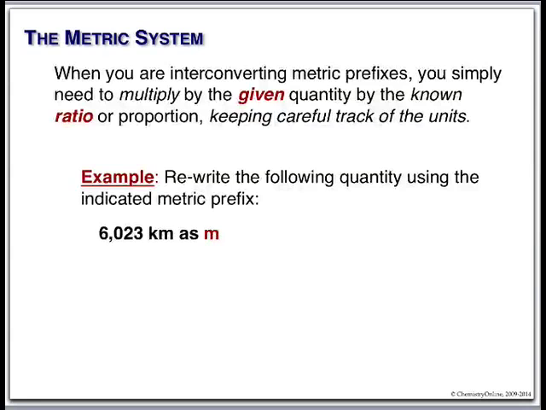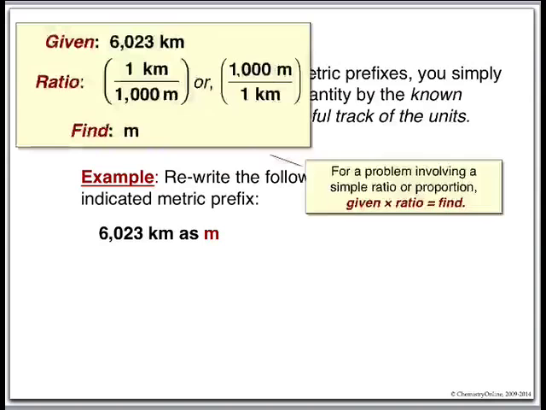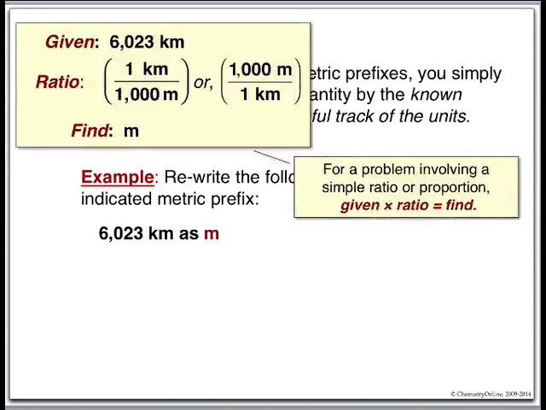If we were given kilometers, and we wanted meters, we would look at the problem here and say the thing that we're given is kilometers. The thing that we're trying to find is meters. We want a ratio that relates these two. So, our given here is our 6,000 kilometers.